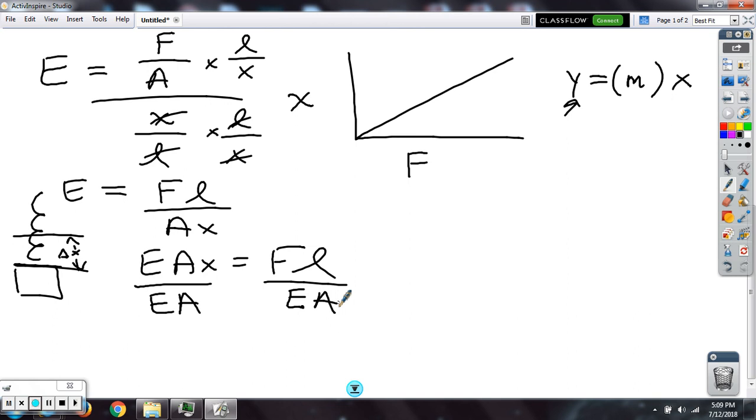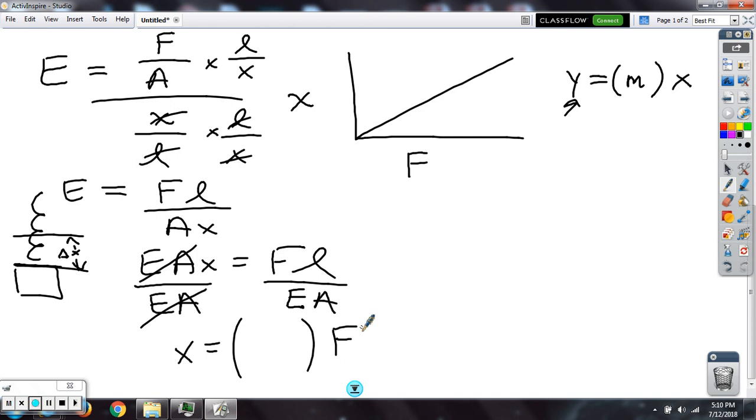Okay? So what I get now is that X equals something times F. That's the form that I want.